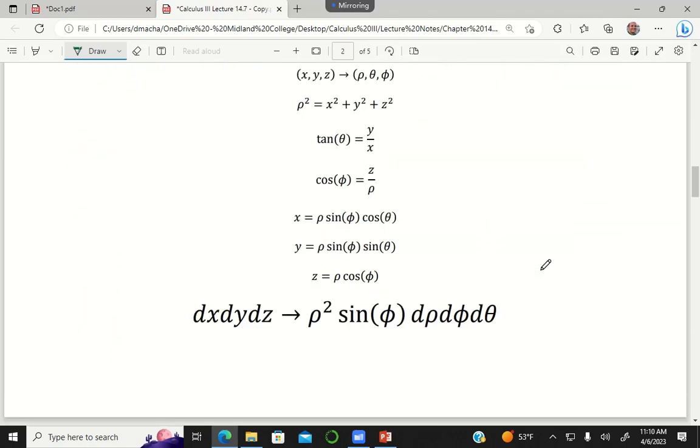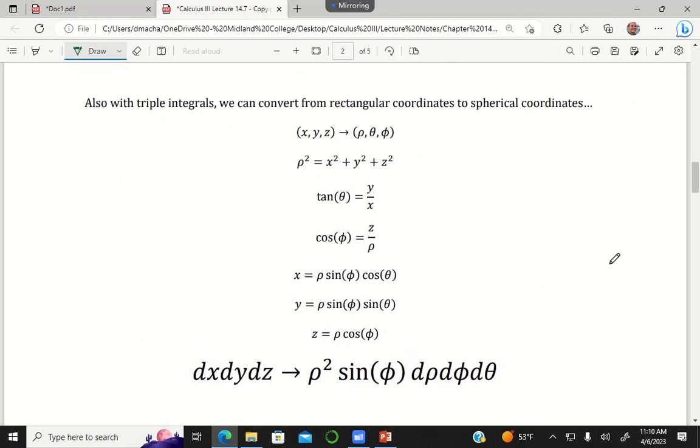Okay, more exciting is spherical coordinates. So I think we talked about spherical coordinates early in the semester. So all of this is like review stuff.